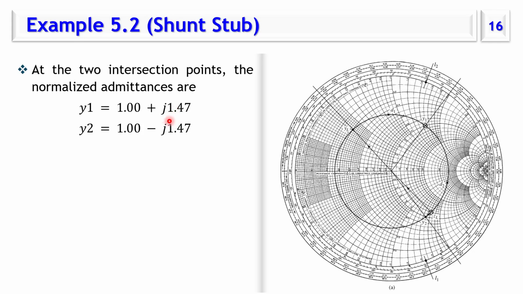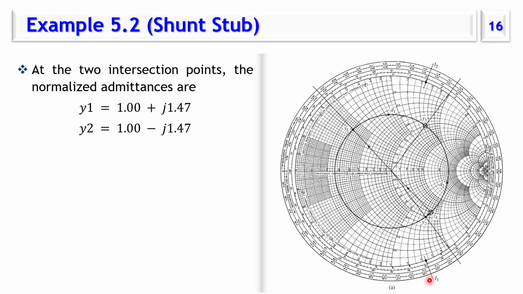Okay, so for the first solution, we want the admittance to equal minus 1.47. We are from this point, this is at the short circuit, and we need to go for 1.47 with negative, so it takes us up to here.